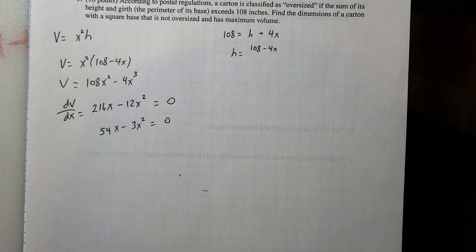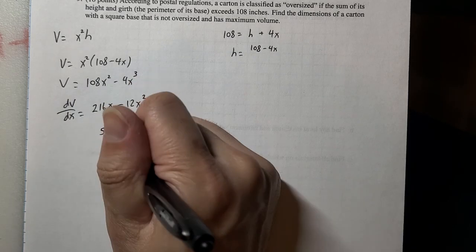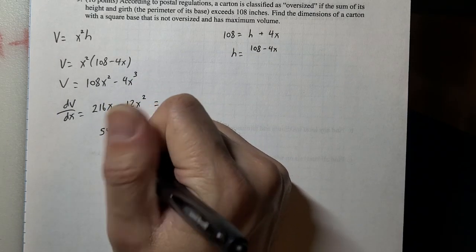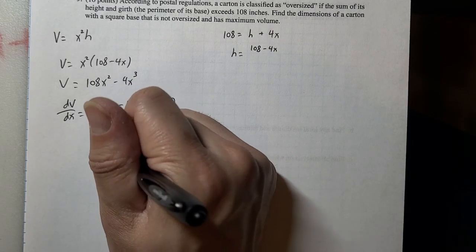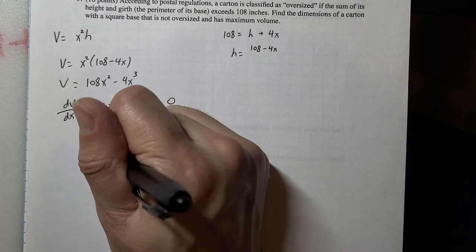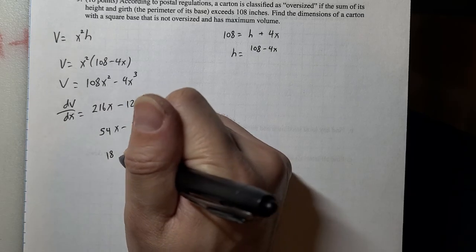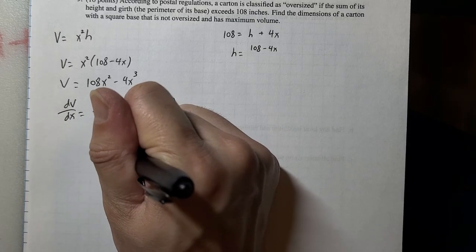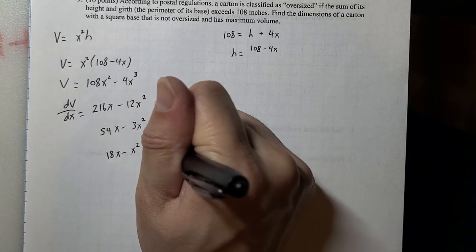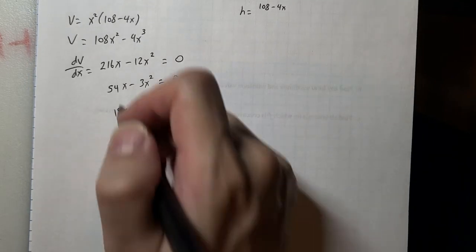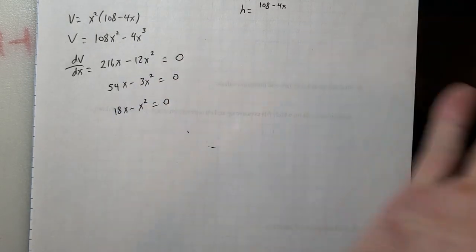Okay. Does this help us out? It does, because now if we divide by 3, we would get 18, right? I'm doing this in my head. But now I'll calculate this.